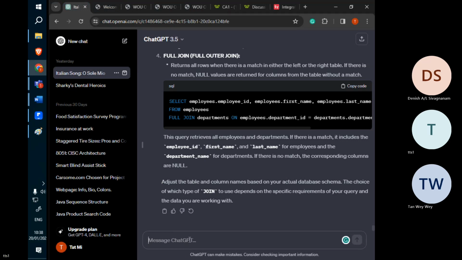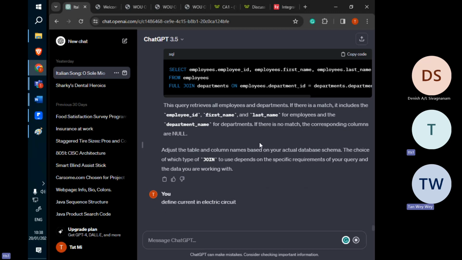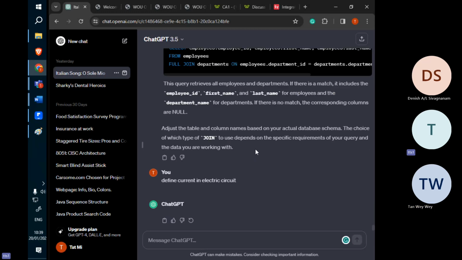So you can also try this, let's try AI. Let's define current. Let's see whether the AI mentions the total charge or not. Okay, let's see whether it gives us any good information. I think today when you learn something, you should always take AI as your co-pilot to help you understand more about certain theory.